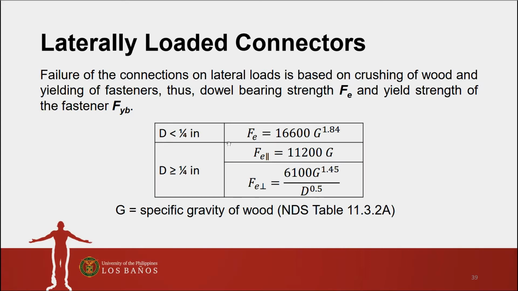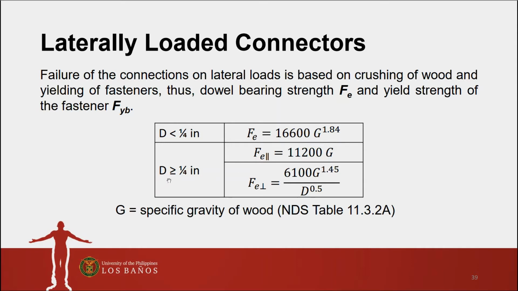So failure of connections under lateral loads is based on the crushing of wood and yielding of fasteners. Thus we have the dowel bearing strength Fe and the yield strength of the fastener Fyb. Where the diameter D is less than 1/4 inch, we have a dowel bearing strength of 16,600 G raised to 1.84.